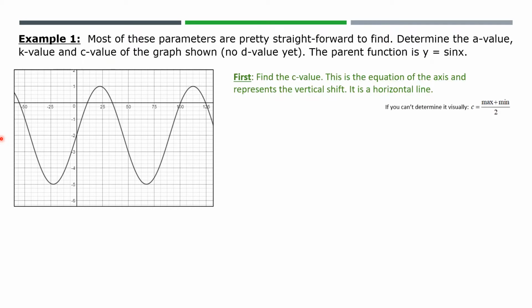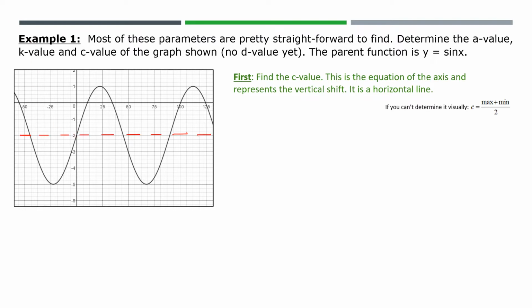First, we want to find the c value. Whether we're talking about sine or cos as the parent function, it doesn't matter. Find the c value first. This is the equation of the axis, and it represents the vertical shift. So it's the horizontal line that you would draw that cuts through the wave, that kind of cuts it in half. When you look at this one here, the line that would cut it in half would go through -2.